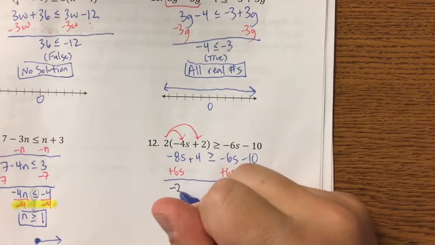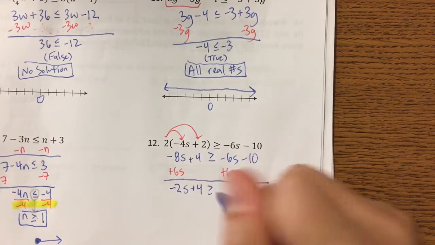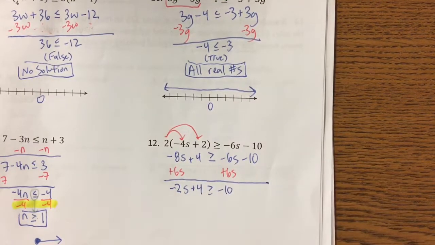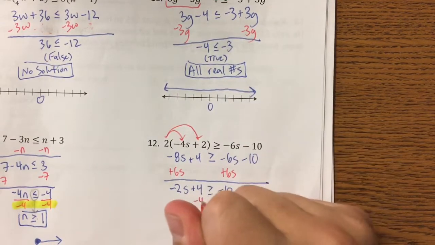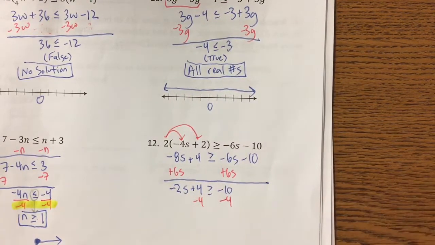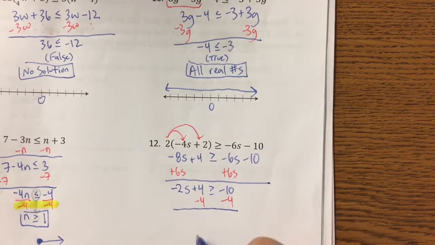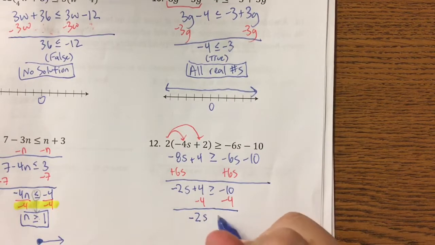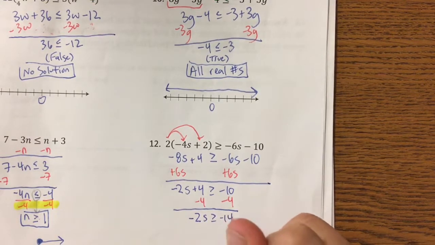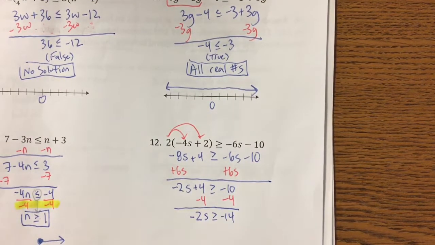So that's going to be -2s plus 4 is greater than or equal to -10. And we just go through our normal steps. No surprises after that. Just make sure that when you need to divide by -2, don't forget to flip that sign. It's going to be the easiest thing to forget, because that's the only thing that's different than just solving a normal equation.